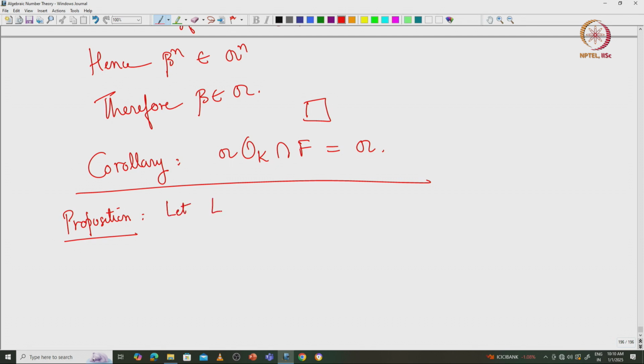Let L over K over F be finite extensions of number fields.